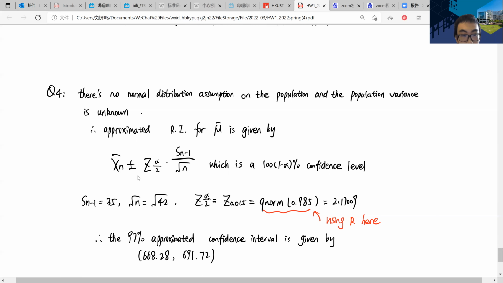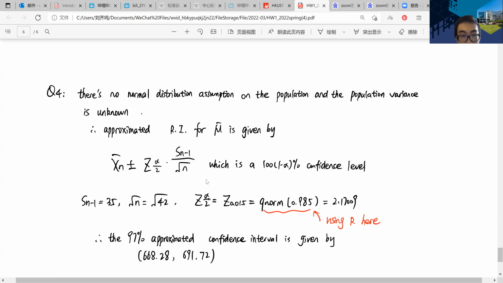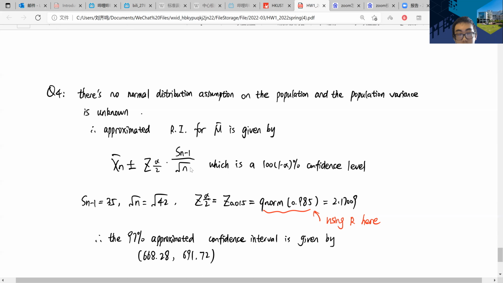This expression, under the large n case, basically obeys the normal distribution, and I use the R software to figure out the qnorm.